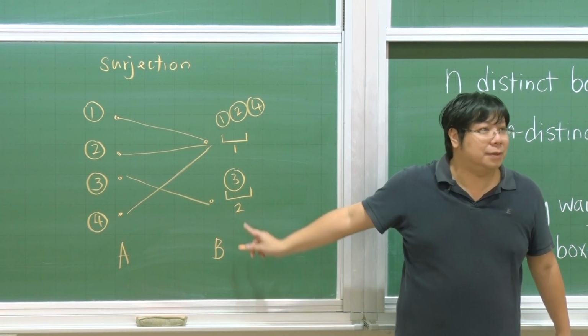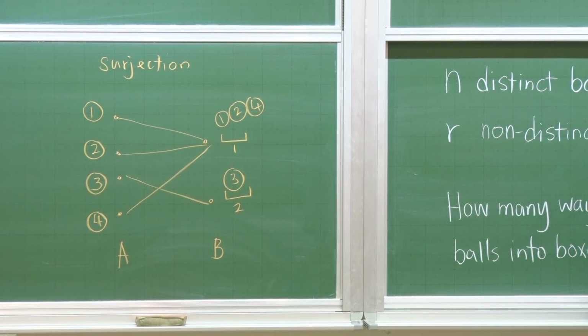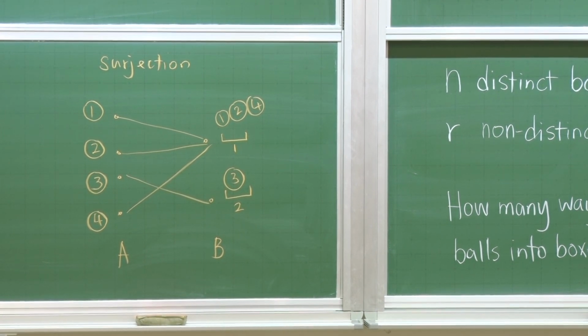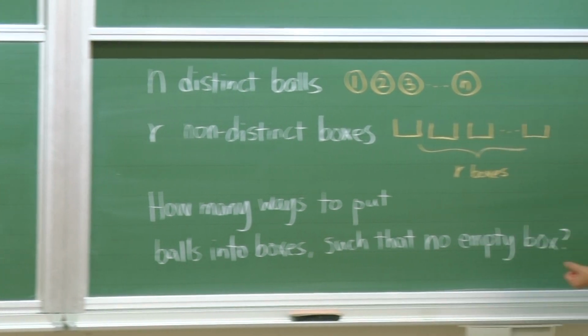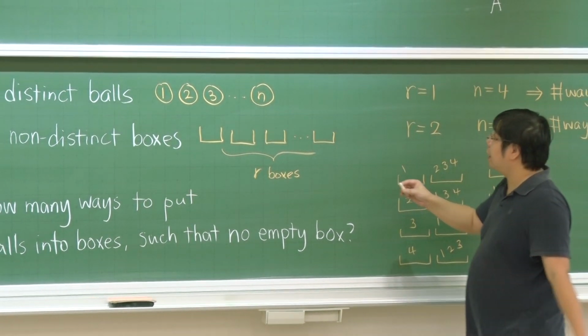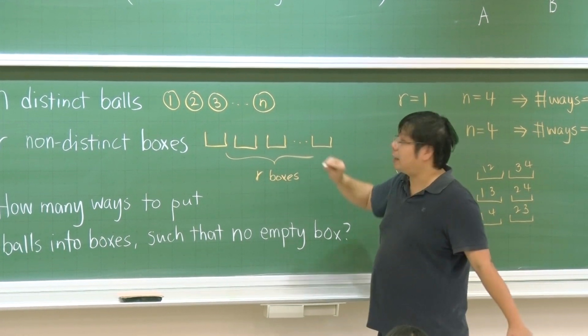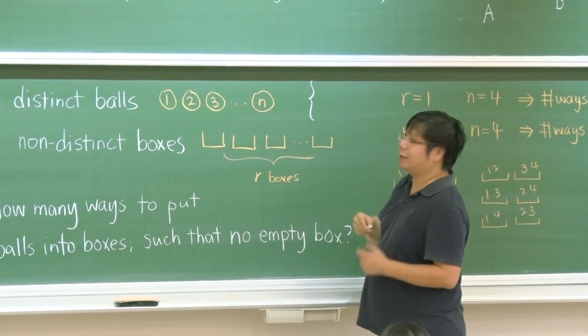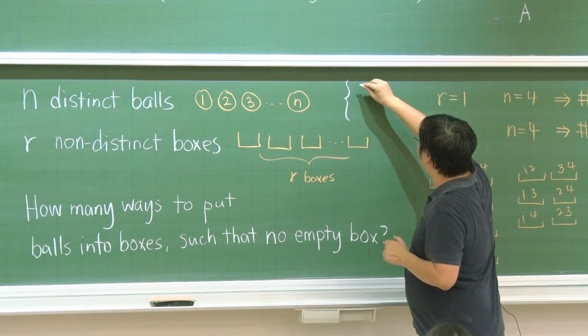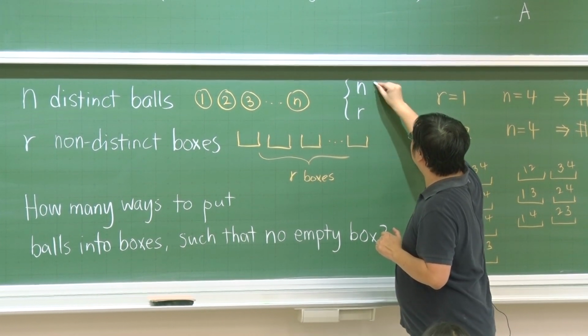So let me define the number of ways here. Let me call the number of ways a special number depending on n and r. Let's give it a special label. Let's call it n r with this brace.